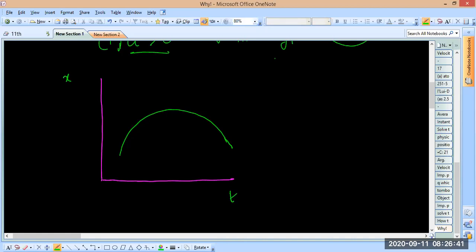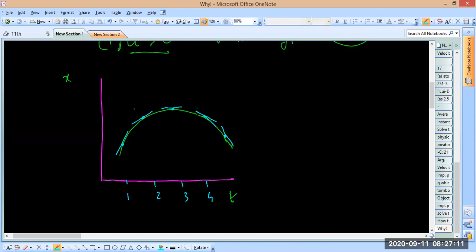Okay, and now if I would draw a few tangents, all right, let's say at 1 second, at 2 second, 3 and 4. So you can see at 1 second the tangent is like this, at 2 seconds the tangent is like this, right? Over here somewhere it's horizontal, so zero slope. Over here it's like this, right? And over here it's like this, correct?